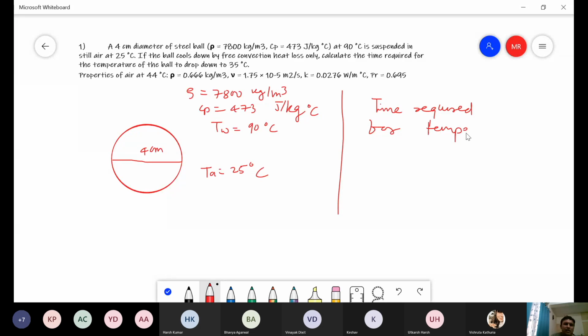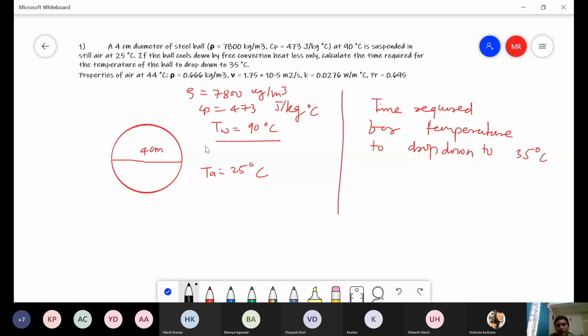Initially the temperature is 90 degrees Celsius, but how much time will be required in order to decrease the temperature of this steel ball from 90 degrees Celsius to 35 degrees Celsius? That particular time is being asked in this case.